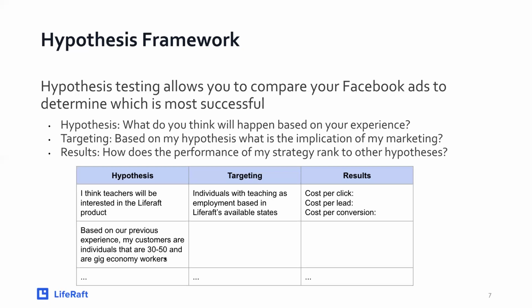Now, if you use a simple spreadsheet to lay this out, I promise you your digital marketing strategy will be head and shoulders above others because you'll be as thoughtful and as regimented as possible, which is really the key to success with any digital marketing, but particularly Facebook, because there are so many different things that you could do here.